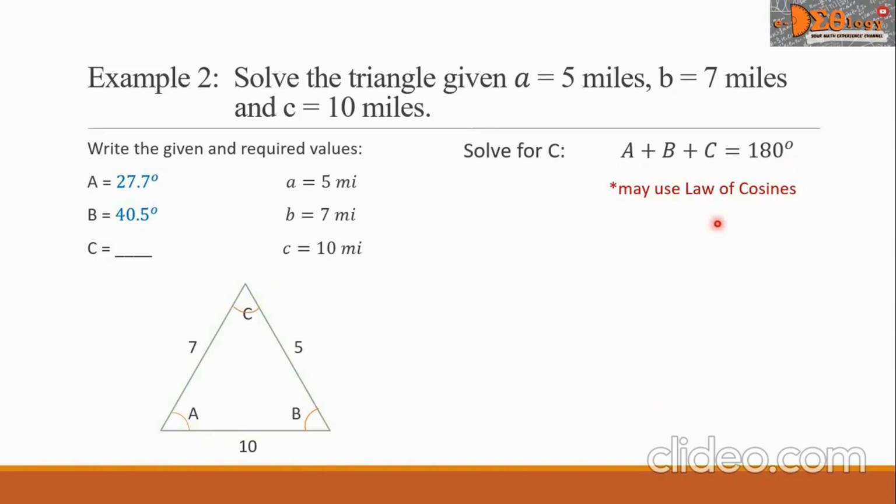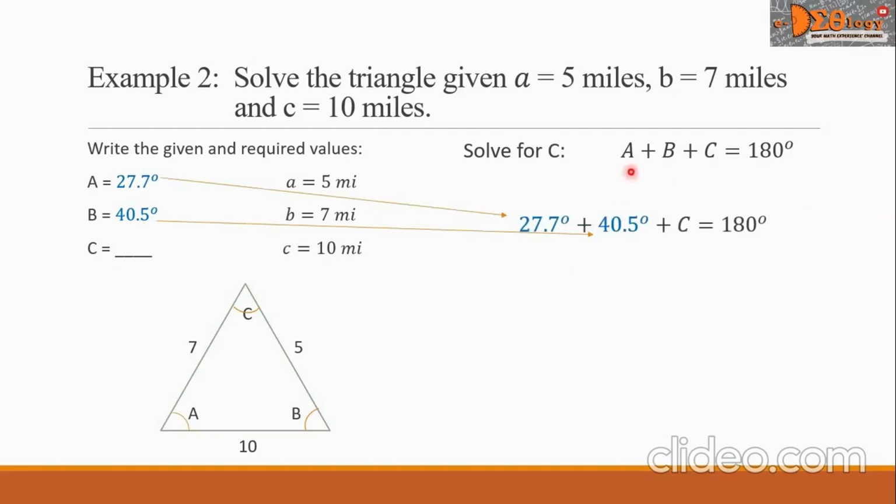We may use law of cosines, but for simple computation, it's better to use this formula. So we have A is 27.7 degrees plus B, and that is 40.5 degrees, plus C equals 180 degrees. Getting the sum of these two values, we have 68.2 degrees plus C equals 180 degrees.